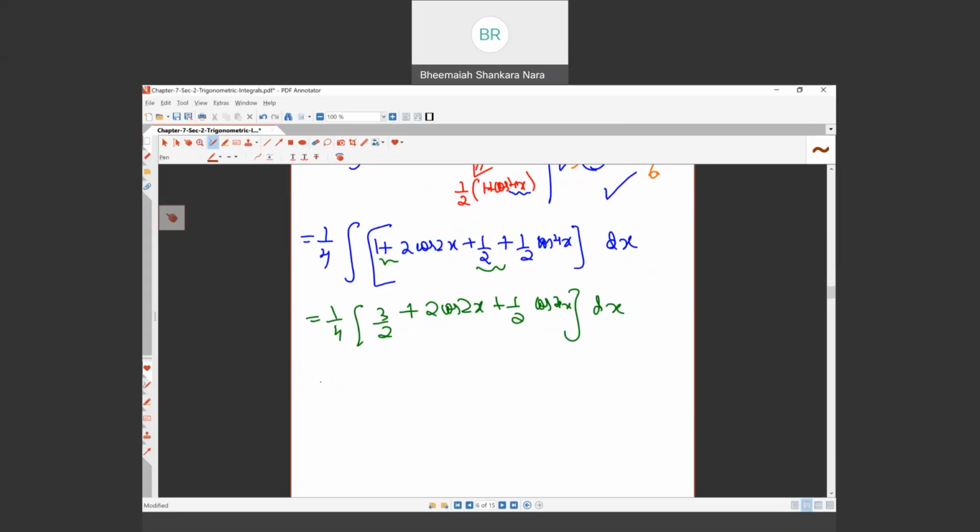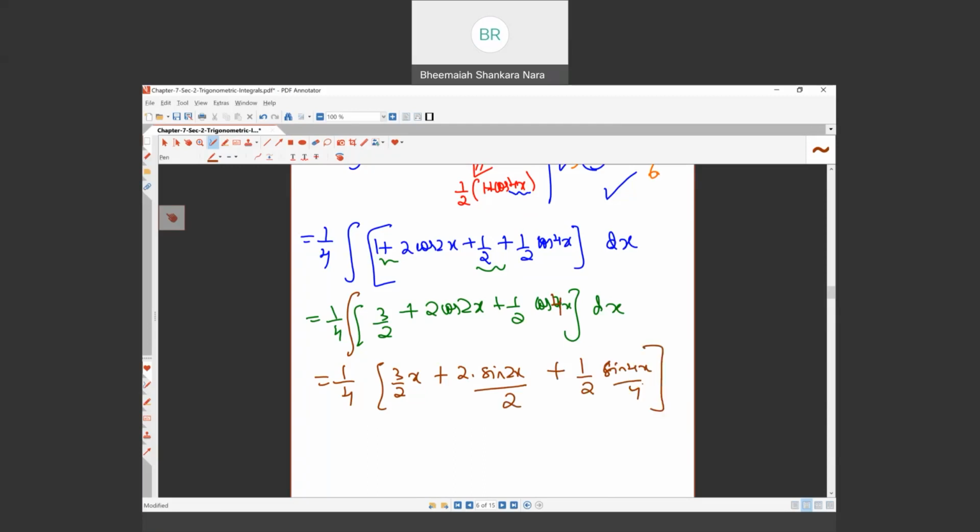1/4, we're missing the integral sign here. So 1/4 times the integral: 3 halves dx integration is 3 halves x, plus 2 times cosine 2x integration is sine 2x divided by 2, plus 1 half cosine 4x integration is sine 4x divided by 4.